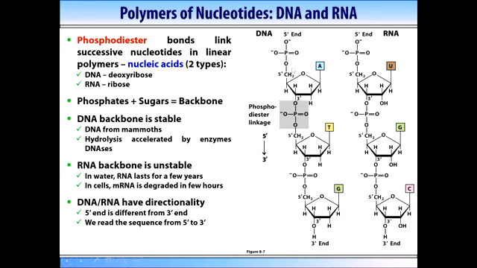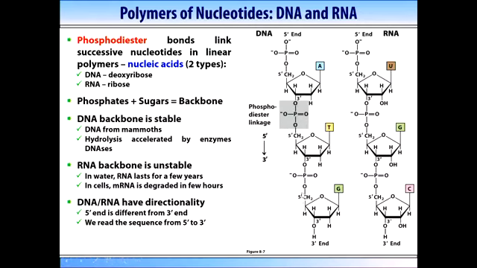Here on the right, I'm showing you how the nucleotides can be successively polymerized. One nucleotide, shown here as an A, can, through formation of this phosphodiester bond, be linked to the subsequent nucleotide.